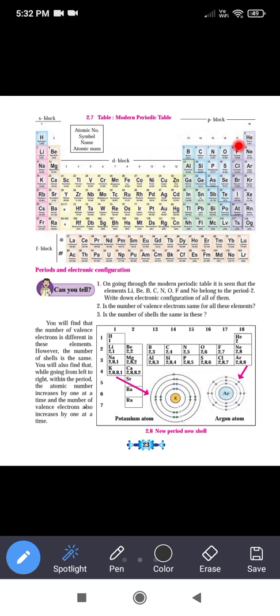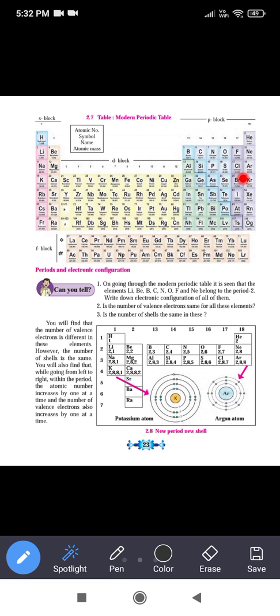Now 17th group elements. The 17th group elements are called the halogen group. In this halogen group, fluorine, chlorine, bromine, iodine, and astatine are the elements. Here they need only one electron to complete the octet, so that's why their valencies are also one. And all these belong to the p block elements.